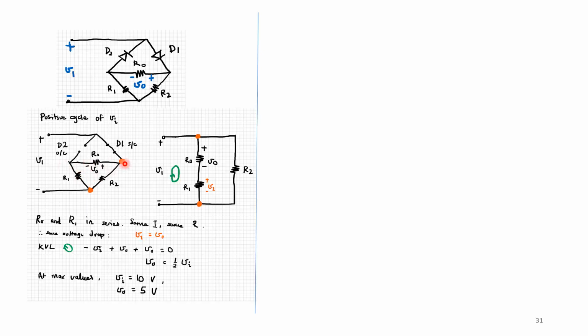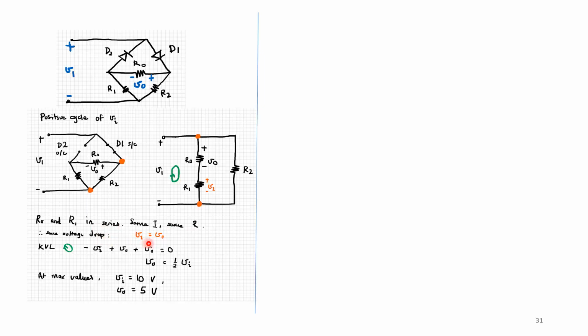If I indicate this node with this orange dot, R out and R1 together are in parallel with R2. R out and R1 are in series, meaning they have the same current, and because they have the same resistance, they have the same voltage drop.